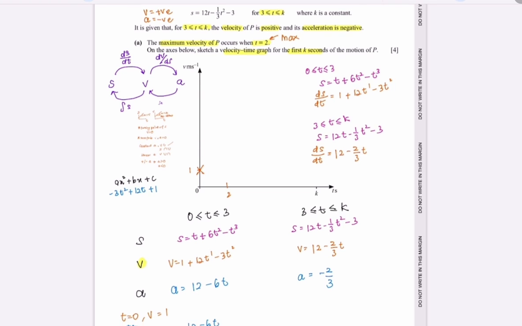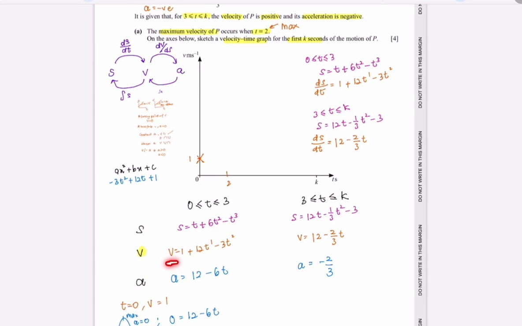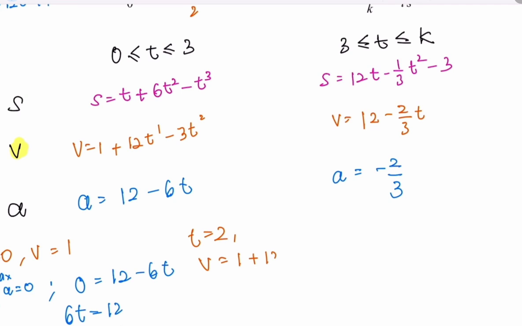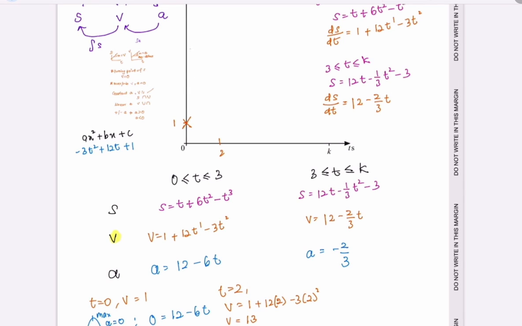To find the value of v when t is equal to 2, let's substitute. At t equal to 2, v is 1 plus 12 times 2, minus 3 times 2 squared, which is 13. My highest point will be 13. And we know it's going to be concave downward at 3, so I'm just going to put 3 here and draw the first part of the graph.